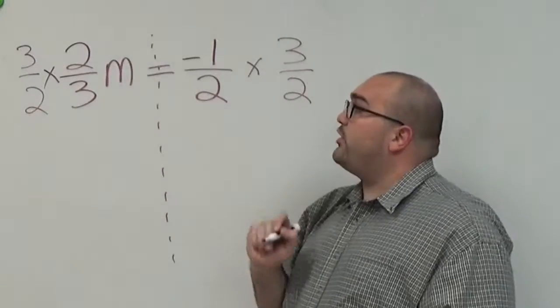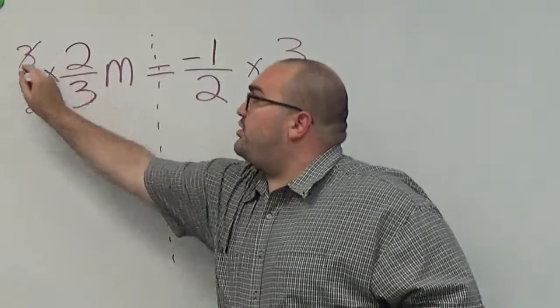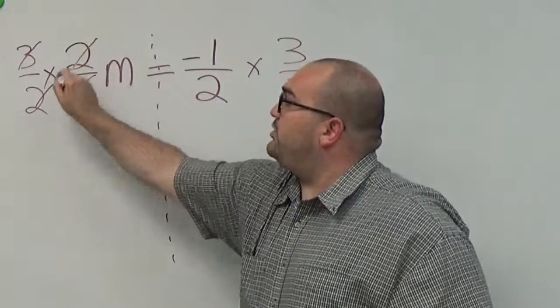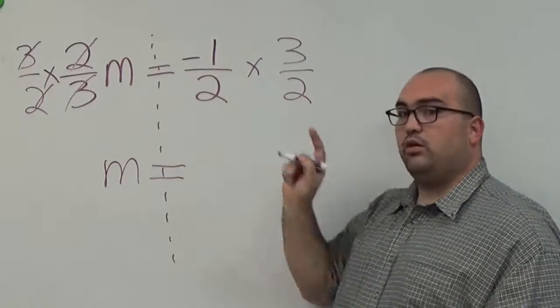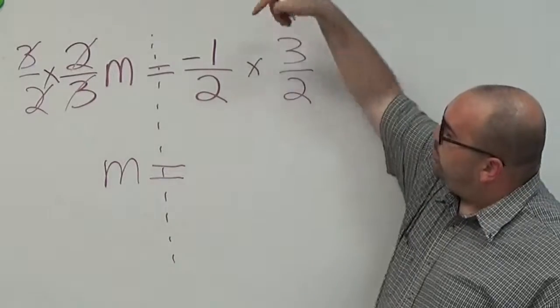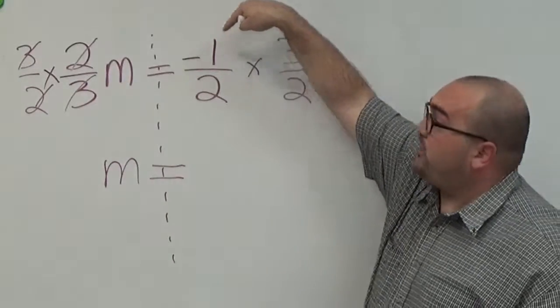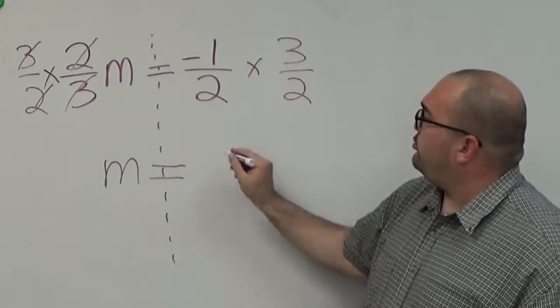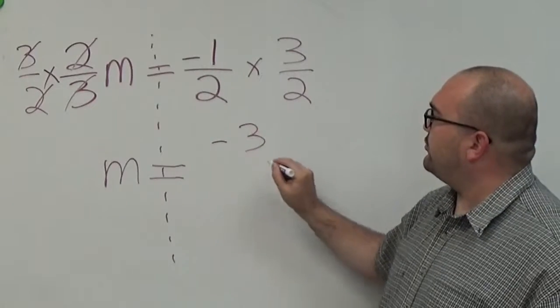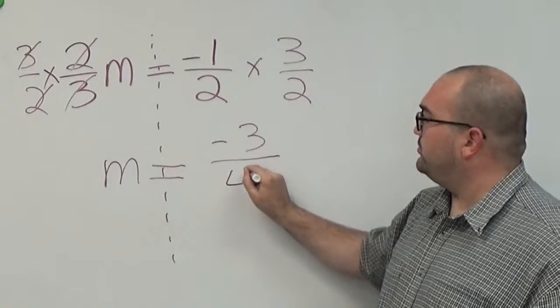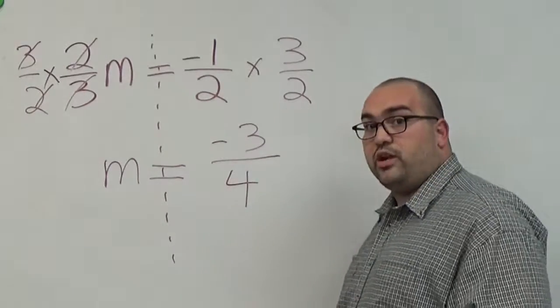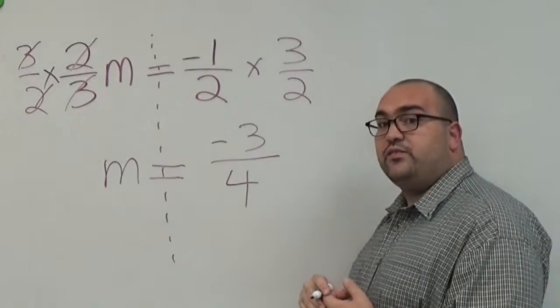Okay, the left side of our equation, the 3's cancel out, and the 2's cancel out, leaving just m. Right side. We have negative 1 times 3, which will be negative 3. 2 times 2 is 4. And that's our answer. M equals negative 3/4.